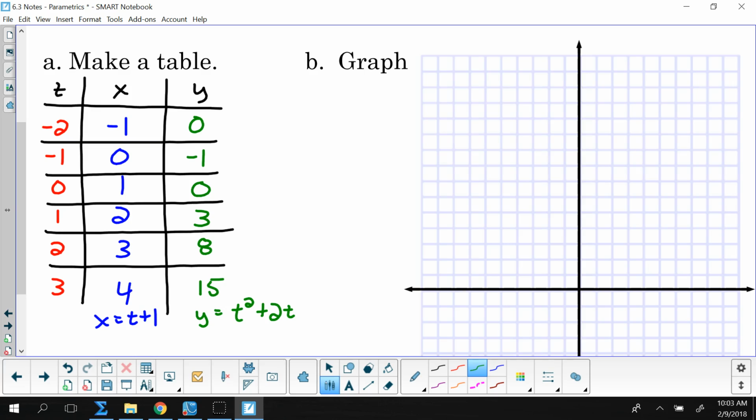Okay? So there are the points then that I can now graph.